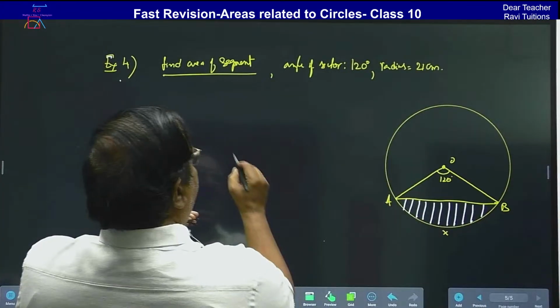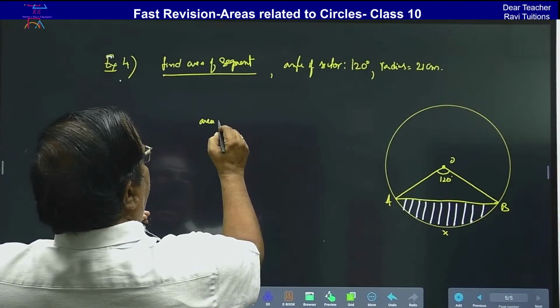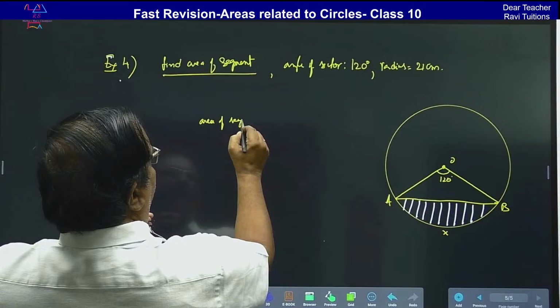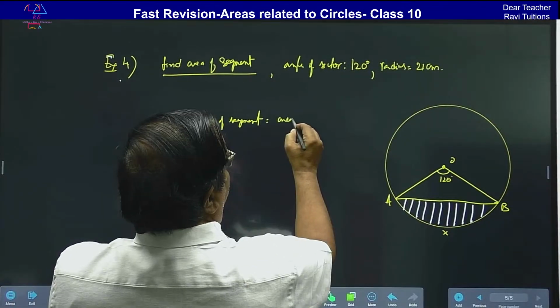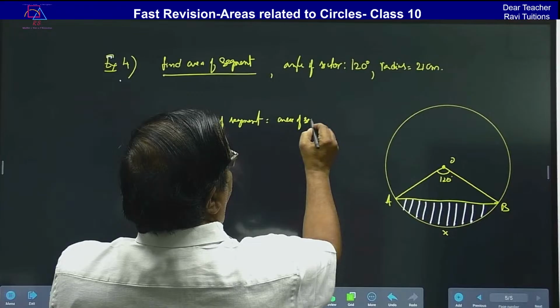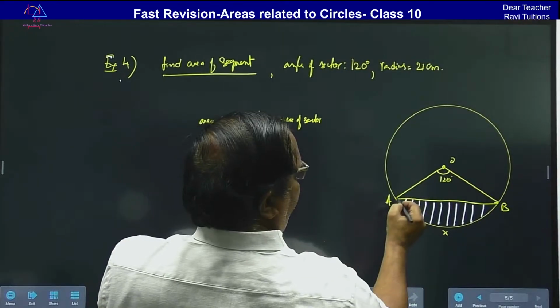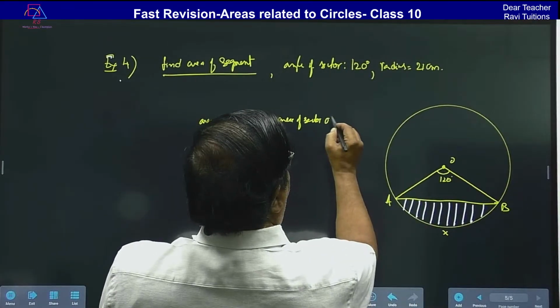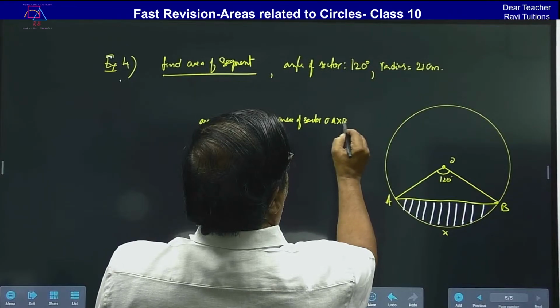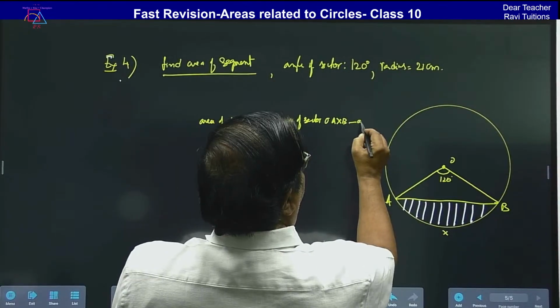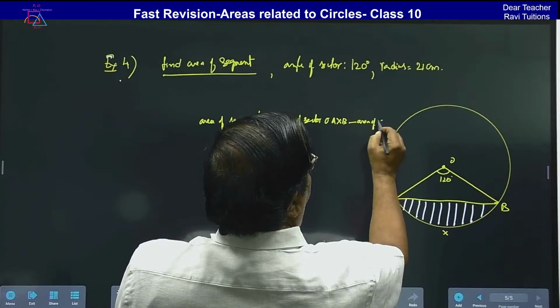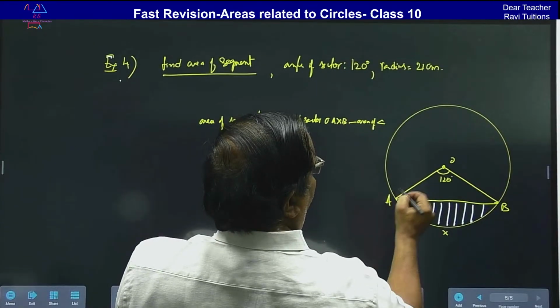So area of segment is equal to area of sector OAXB, this is the sector, minus area of triangle OAB.